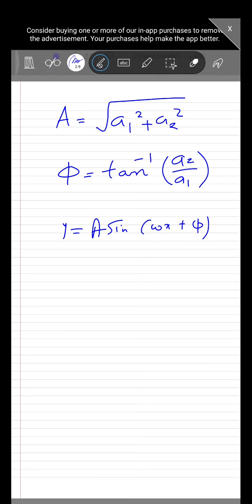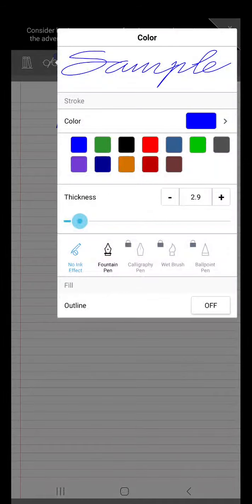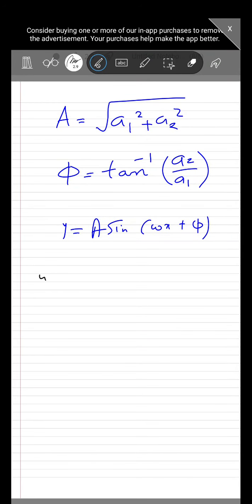Okay. So the next fitting problem is associated with fitting a geometric function, a geometric equation.